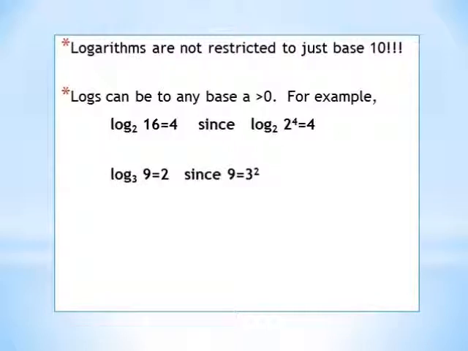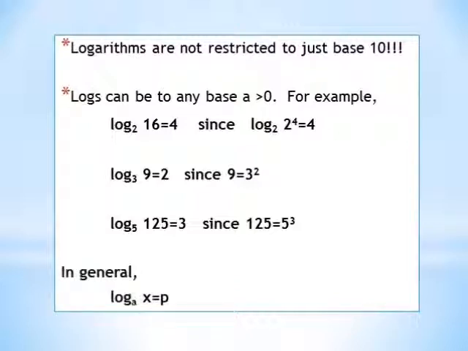Similarly, log base 3 of 9 is 2, because 9 can be written as 3 to the power of 2. And one more example, log base 5 of 125 is 3, because 125 can be written as 5 to the power of 3. So as long as you can write this number with the same base as the base of the log, then the exponent of that base will be the answer to your logarithm.